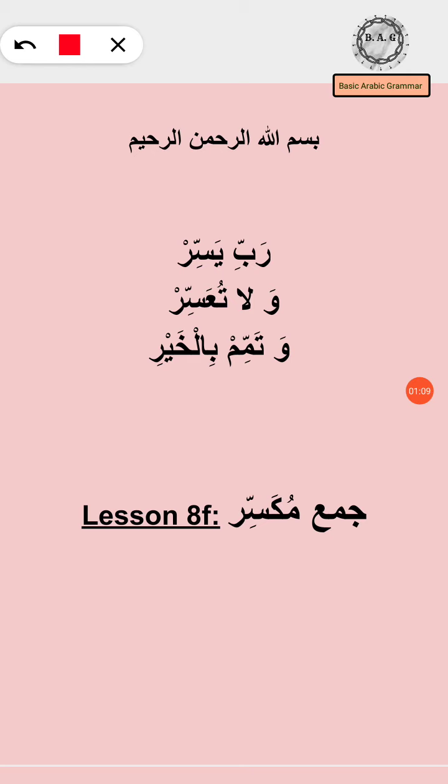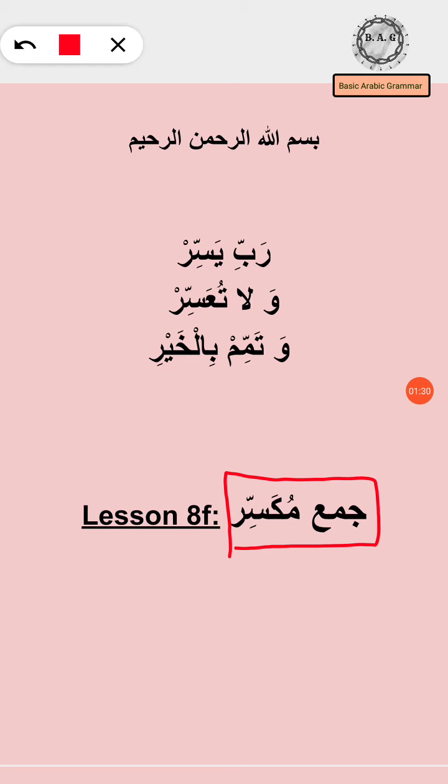And the second way of making jama in Arabic is to give the skeleton a makeover. So that means that the root letters remain the same, their sequence remains the same, of course, but those root letters are superimposed on a particular pattern in order to obtain a Jama Mukassir.